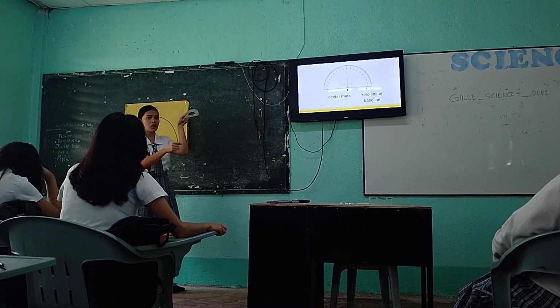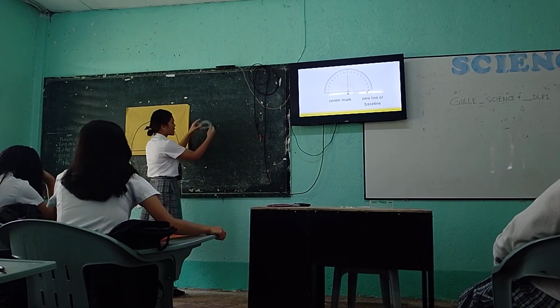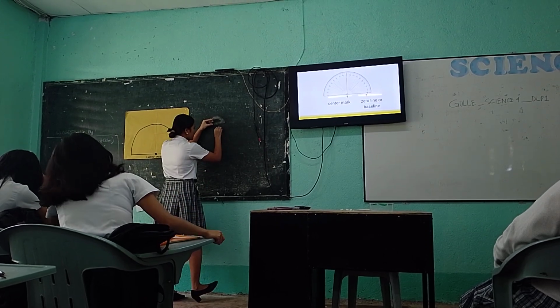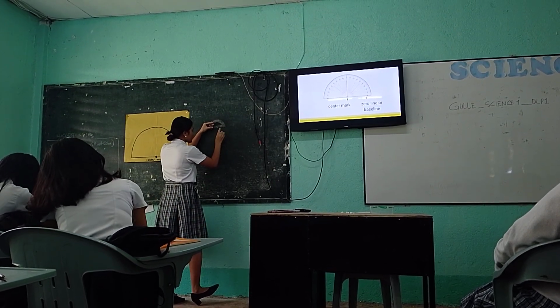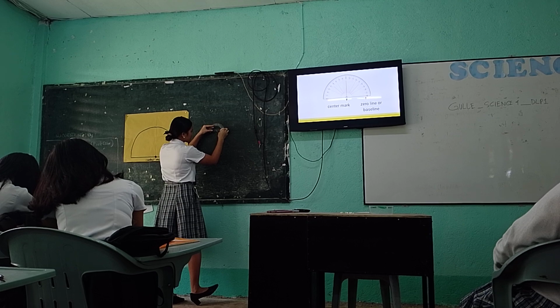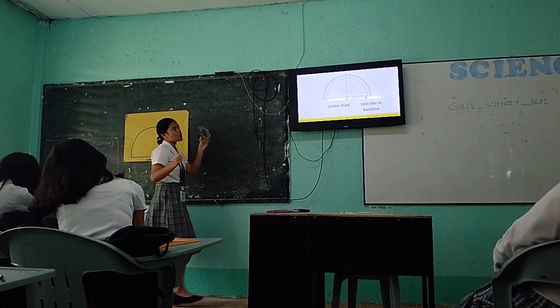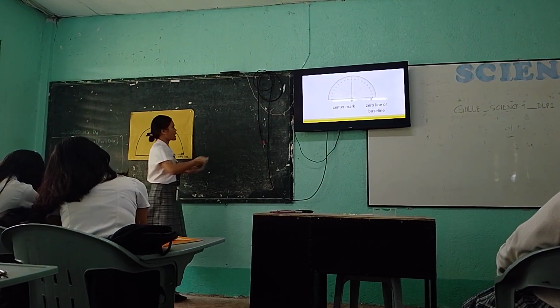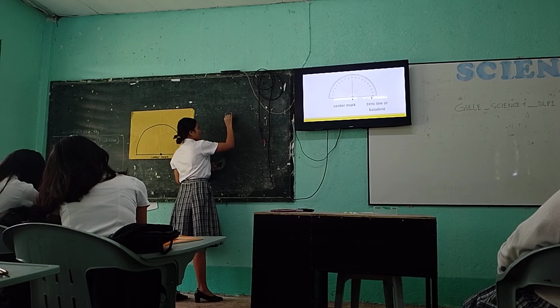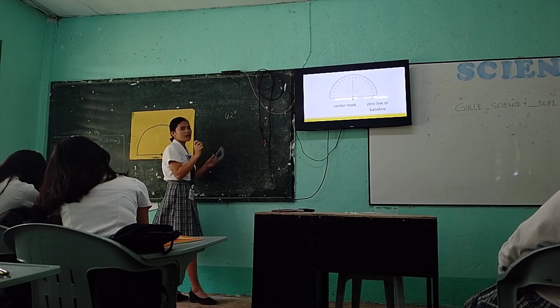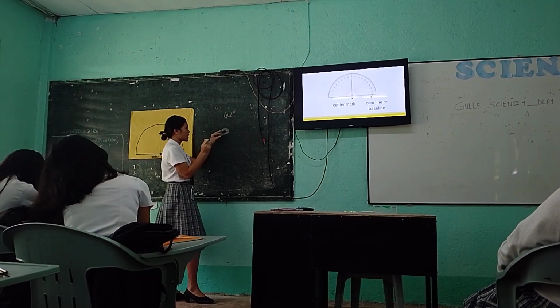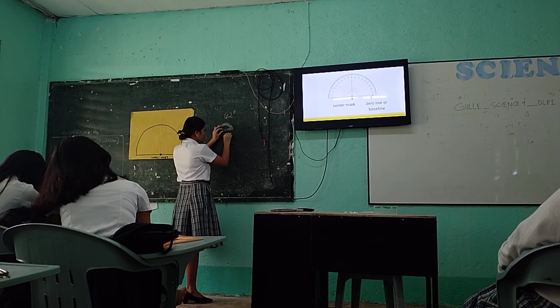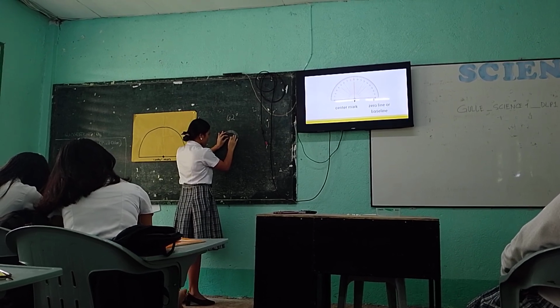But this kind of protractor has no mark, so I will just put a point here to align the center mark. So, I will measure the angle 62 degree. To measure 62 degree, first, I'm going to put a mark here and align the center mark.